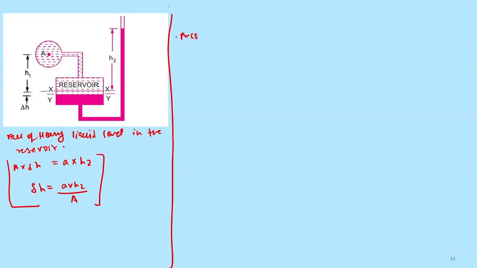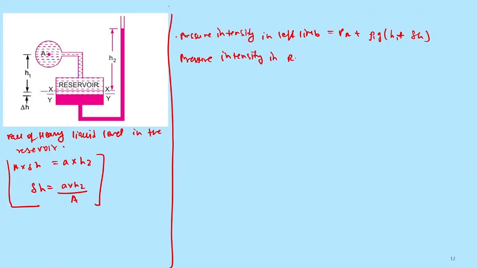And from here we can write the pressure intensity in the left limb is equal to PA plus rho 1 G into H1 plus delta H. And the pressure intensity in the right limb is equal to rho 2 G into H2 plus delta H. If we equate this, what will we get?